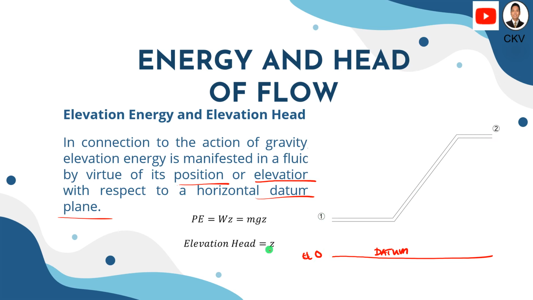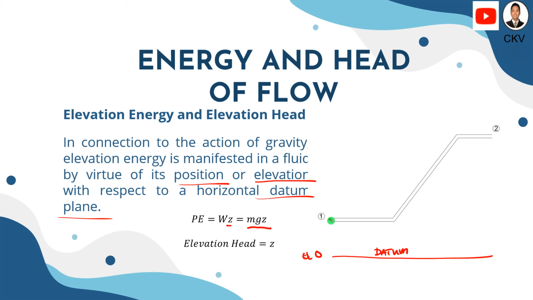This is an equation from physics for the potential energy, mgh, or weight multiplied by the z distance, or the position or the elevation of that point from the datum. So we have Wz.